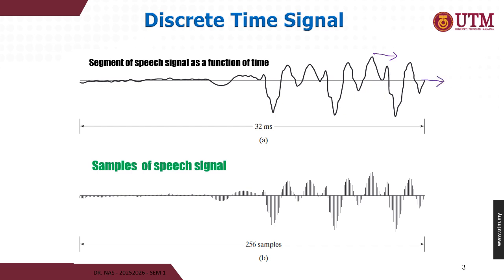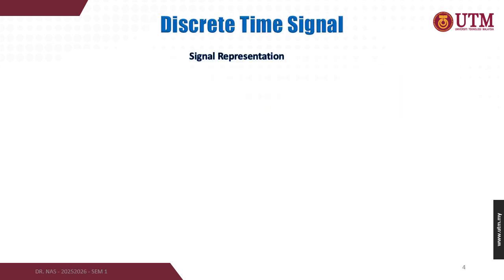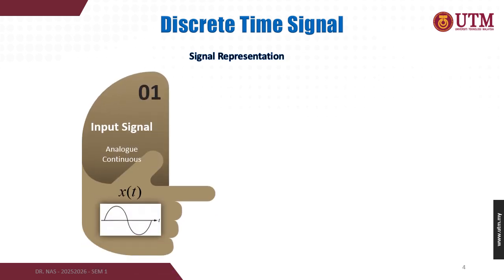So the domain is T. And for the discrete time signal at the bottom, you can see that each sample has a specific amplitude at a specific instant of time. So this is in N domain. The figure below shows how the discrete time signal is generated.